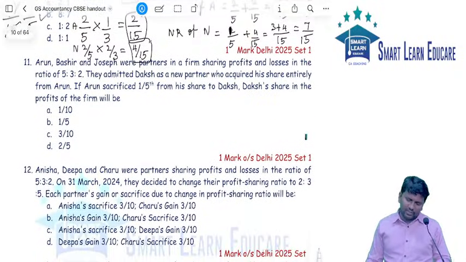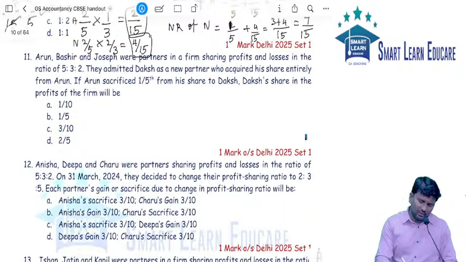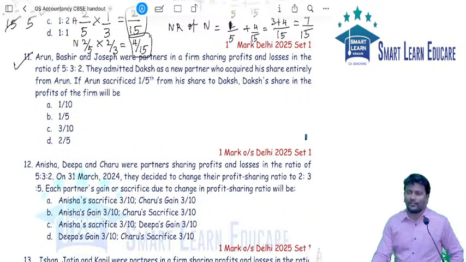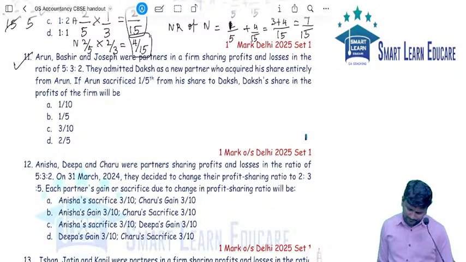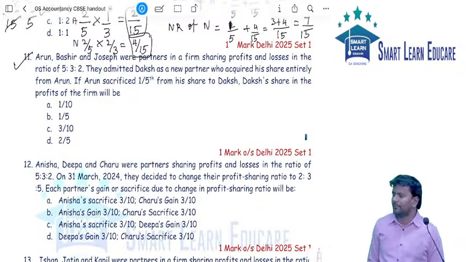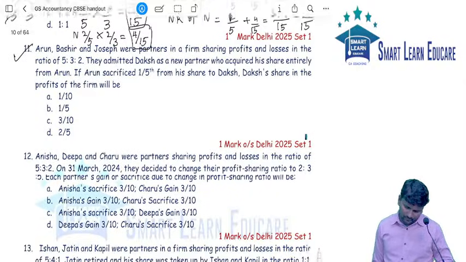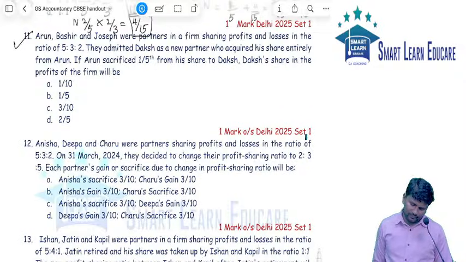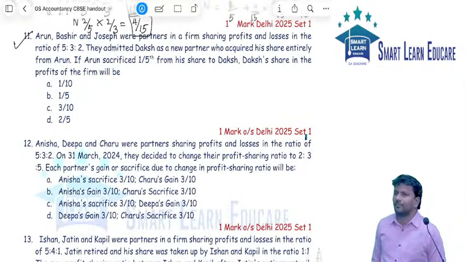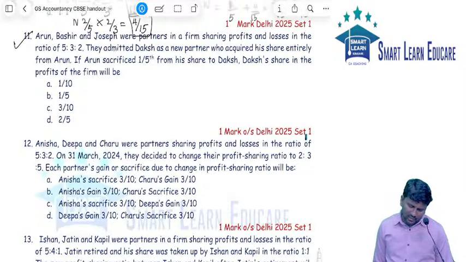Next, try question number 11. A, B, and J were partners sharing profits and losses in the ratio of 5:3:2.